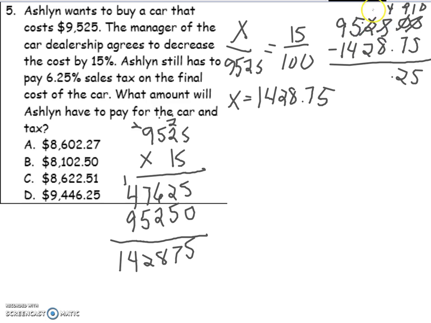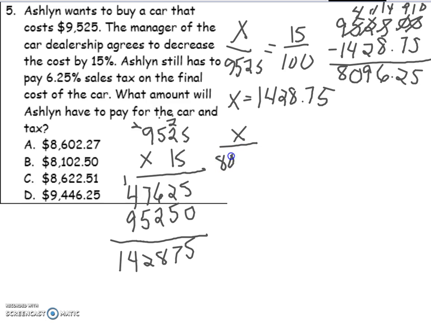We can't do this, so 14 minus 8 is 6. 11 minus 2 is 9. 0, 8. So the price of the car with the discount is $8,906.25. But we have to pay sales tax on it.